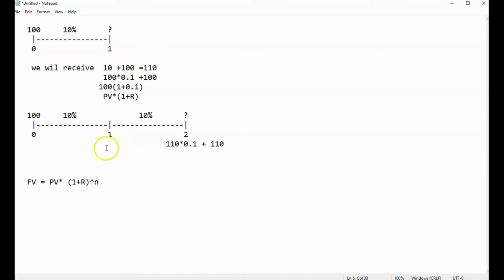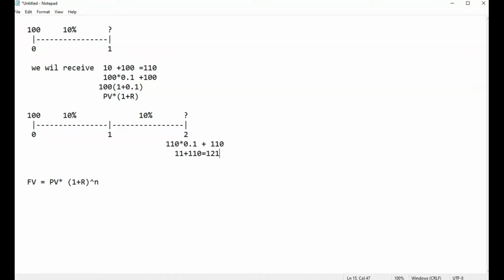Imagine we are standing here, we withdraw and deposit 110 immediately. So 110 times 0.1 is the interest payment, which is $11, plus 110. So finally it is 121.